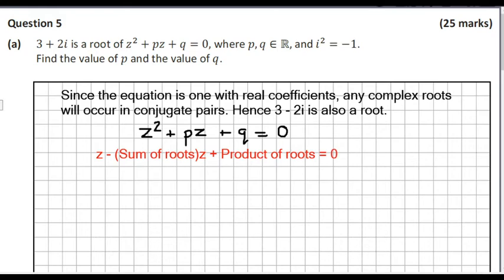So we can write any quadratic in that form, as long as the coefficient of the z squared or x squared term is 1. Every quadratic can be written in this form.